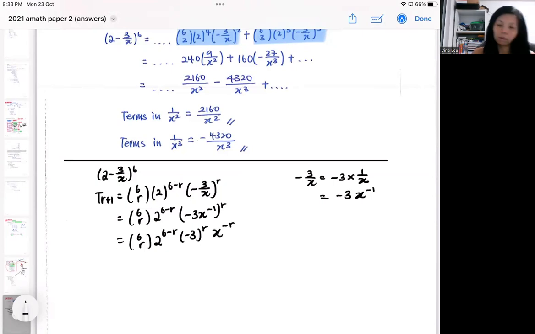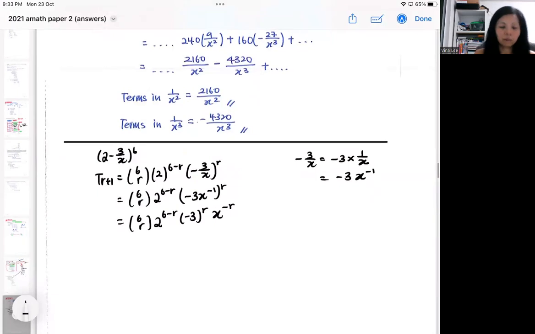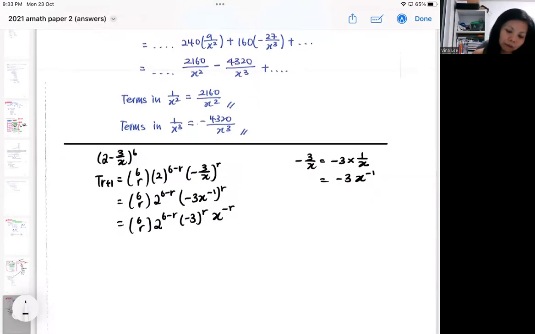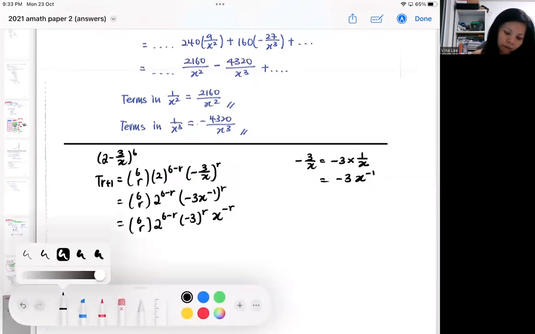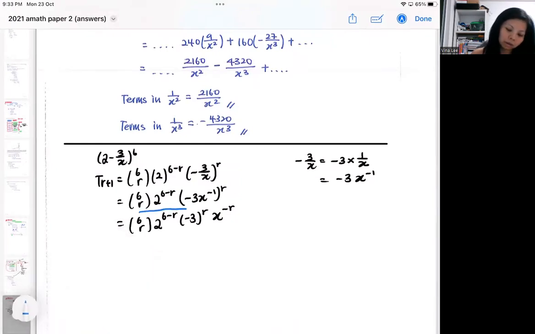A lot of students will somehow forget to give the power to minus 3. They will just remember about giving the power to x. Then after this, it's quite straightforward: this is the coefficient because there's no x here, and this will be the x term.